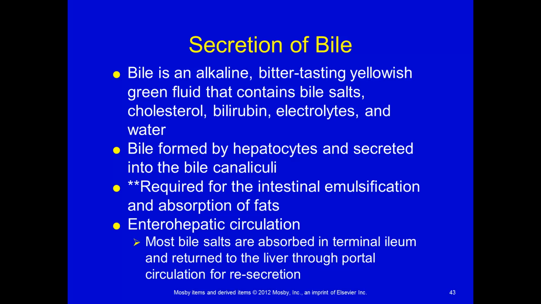Once they've been put into the small intestine for emulsification and absorption of fats, they get reabsorbed, get back into the blood to the liver, and get recycled again to be resecreted back into the small intestine. So very interesting, unique recycling of bile.